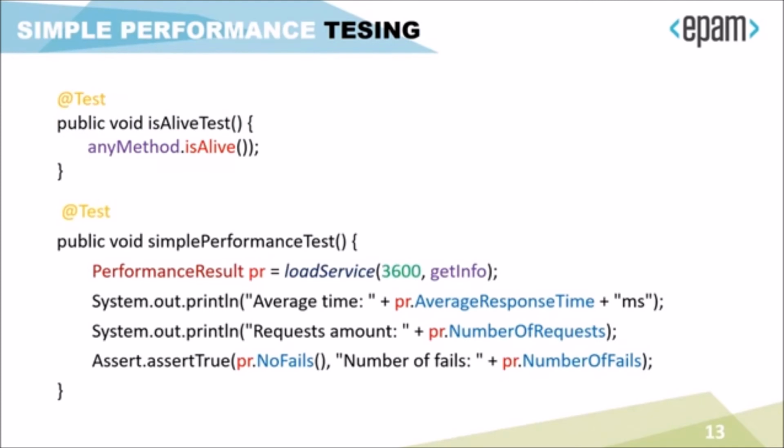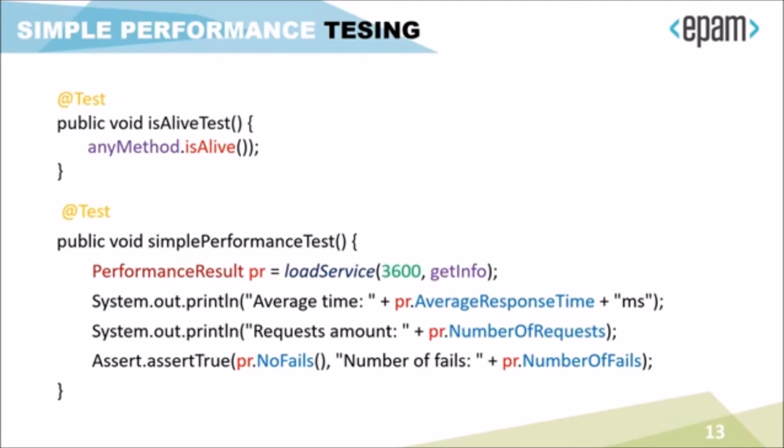In addition to these service models and response validation, we have a simple solution to do performance and load testing in the service tests. You can just validate that a method is alive, or you can load your service during some period with a list of methods.